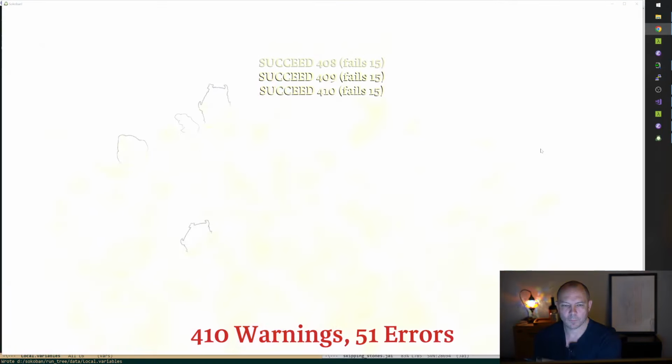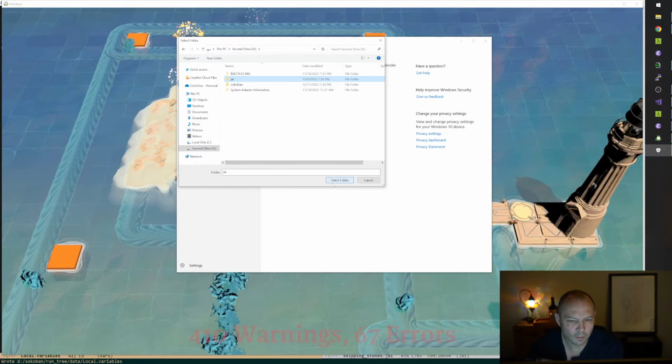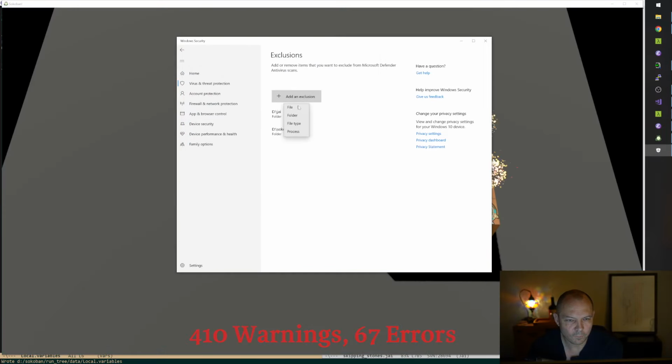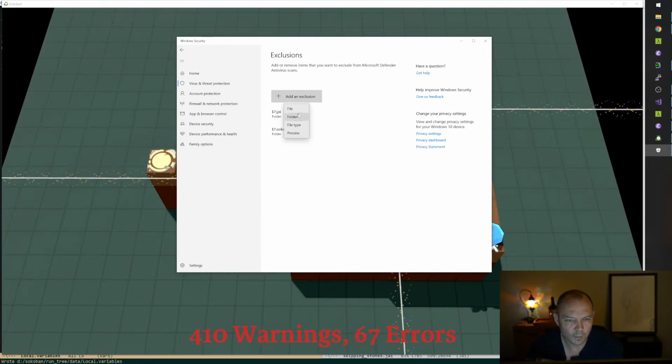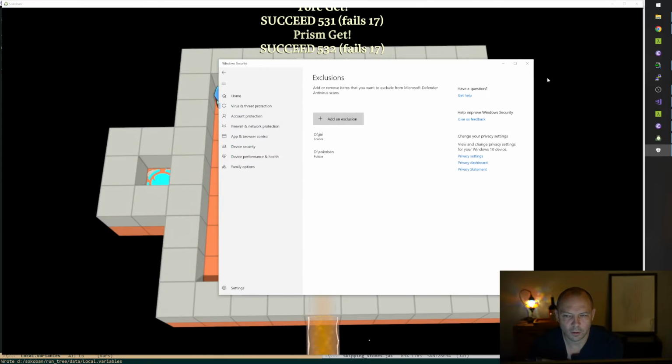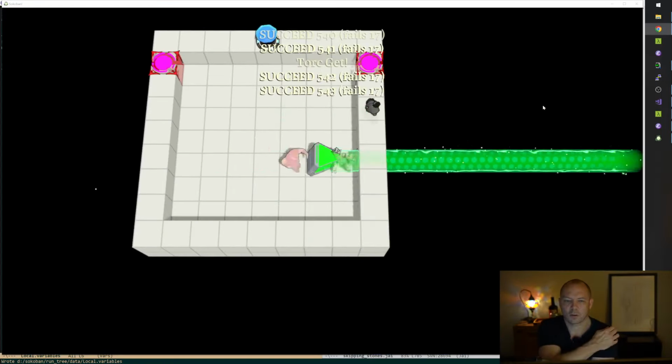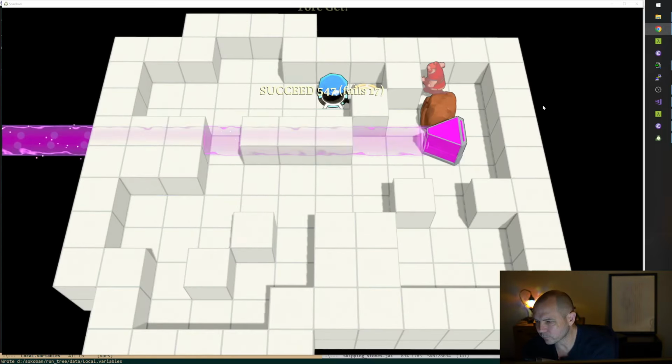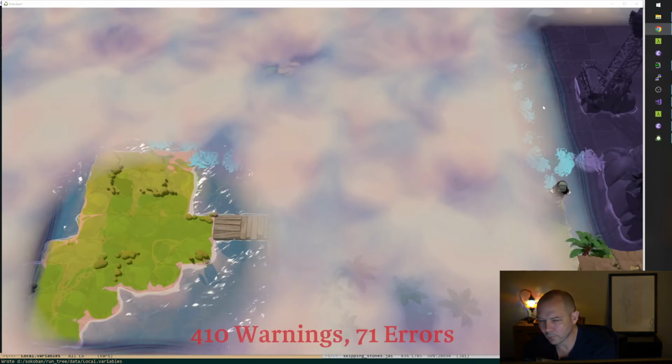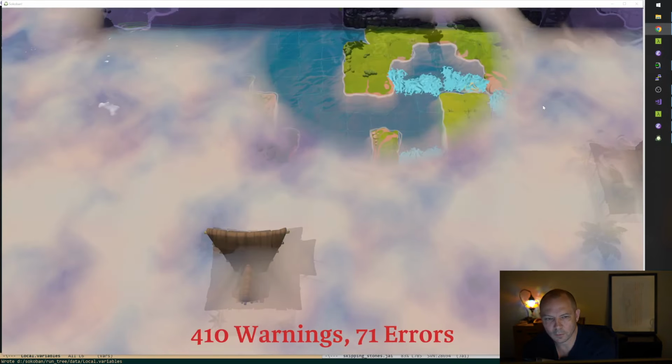D Sokoban. Add an exclusion folder. Compiler. Add an exclusion. Like, it won't let me turn the thing off, which is asinine. So the best you can do is this. Oh my God, it's going to be so much faster now.